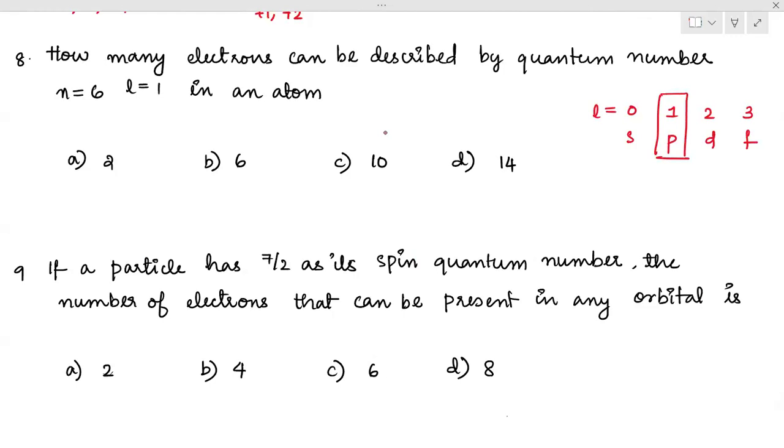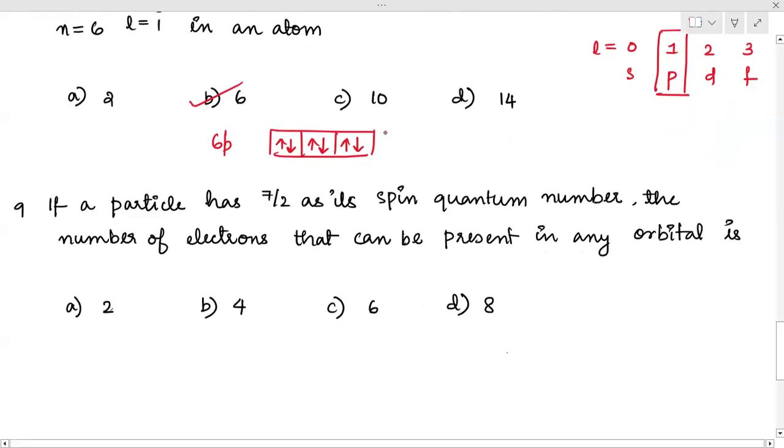So the question is how many electrons can be accommodated in 6P? 6P can have 3 orbitals. The question is not orbital, the question is 6P subshell. So it can have 6 electrons. Each orbital can accommodate 2 electrons each, and hence a total of 6 electrons.